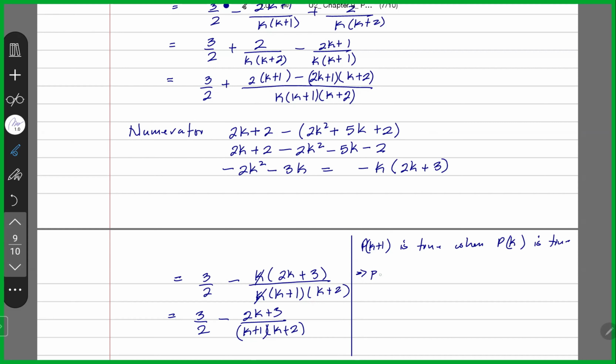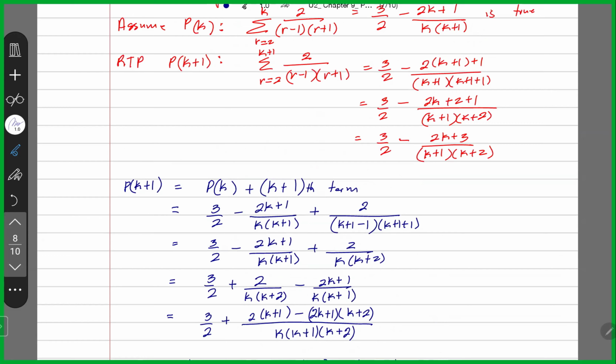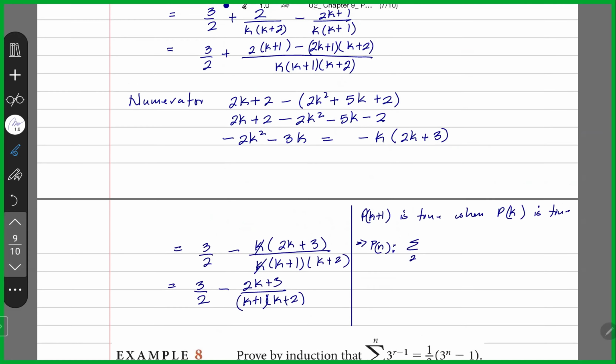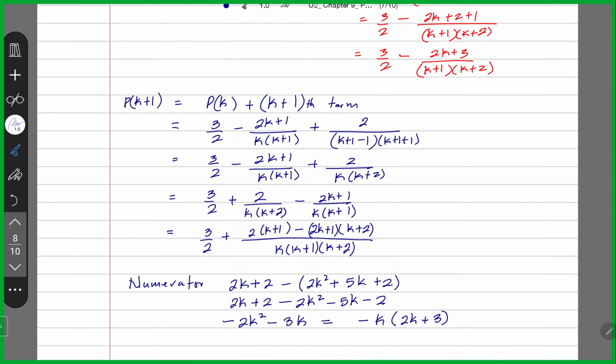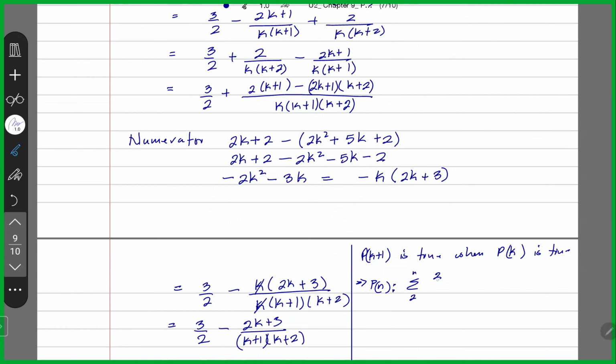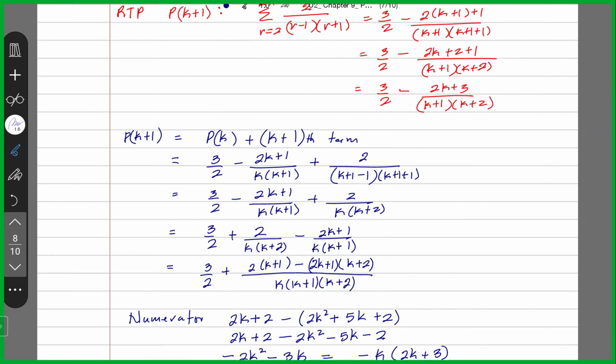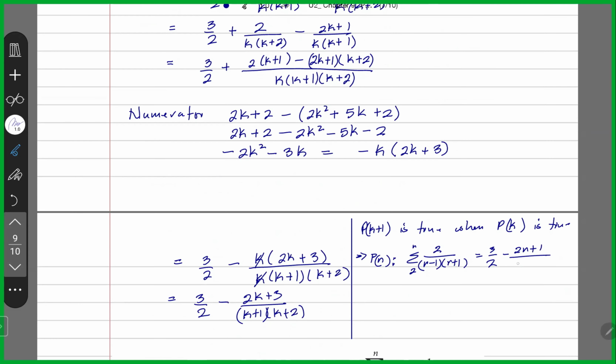Therefore, Pn, which is this statement, that the summation from r equals 2 to n of 2 over (r minus 1)(r plus 1) is equal to 3 over 2 minus (2n plus 1) over n(n plus 1).